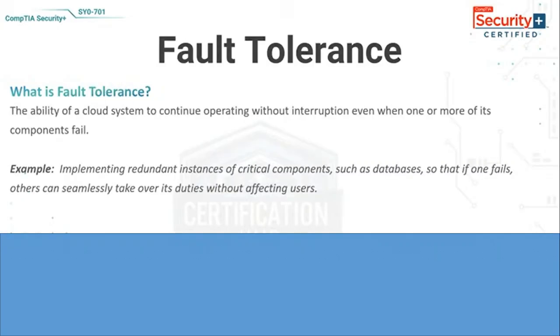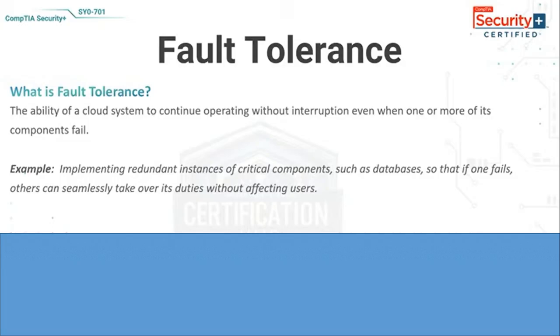Fault tolerance. What is the meaning of fault tolerance? The ability to have a backup of anything. This is what fault tolerance is: the ability of a cloud system to continue operating without interruption even when one or more of its components fail.